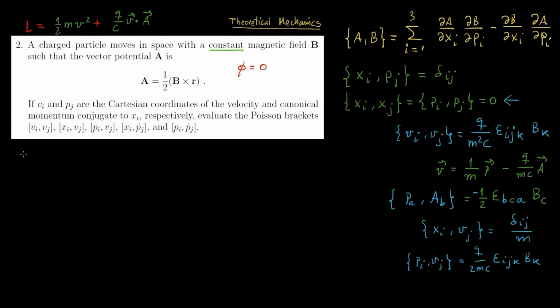Now is the turn of this guy, {x_i, ṗ_j}. Okay, the new thing here is this dot, so we can work it out a little bit, because ṗ_j equals minus the partial derivative of the Hamiltonian with respect to, in this case, x_j. This is true, but it's also true that ṗ_j can be written as {p_j, H}, where H is the Hamiltonian.